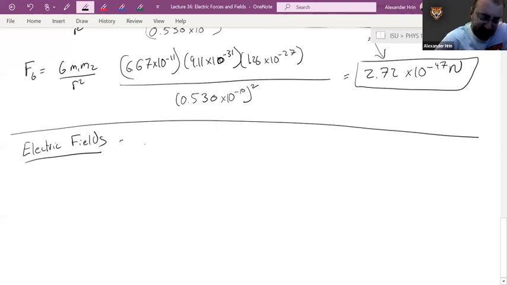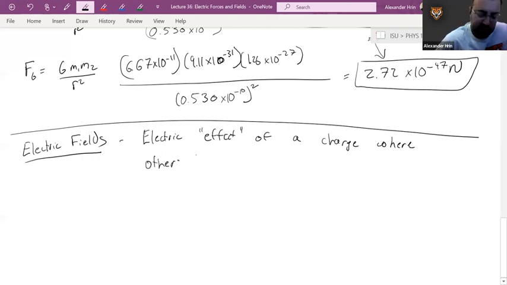But it's basically the electric effect of a charge, without reference to the charges affected by the field.